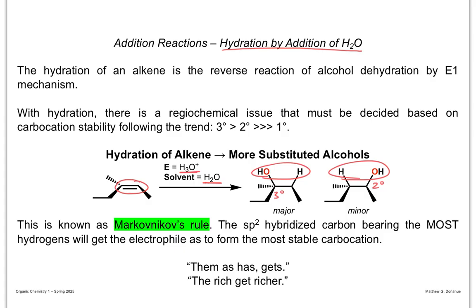So what guidance can we use for this? Markovnikov's rule states that when you examine the alkene, the carbon of the alkene that will bond to the electrophile is the one that starts with the most hydrogens.